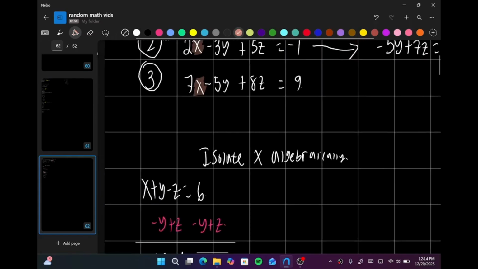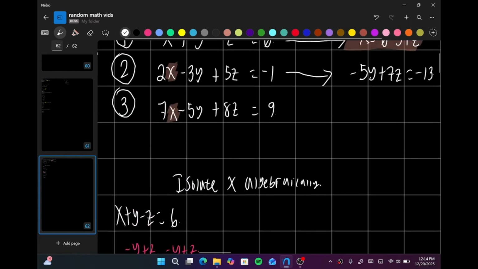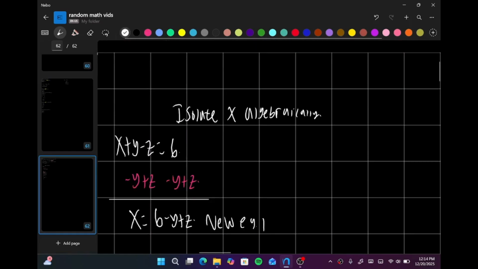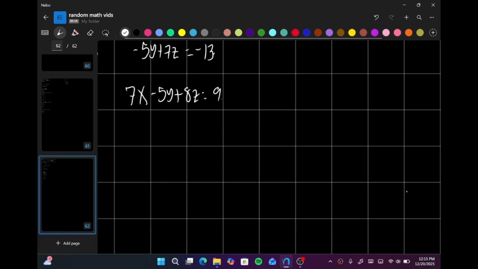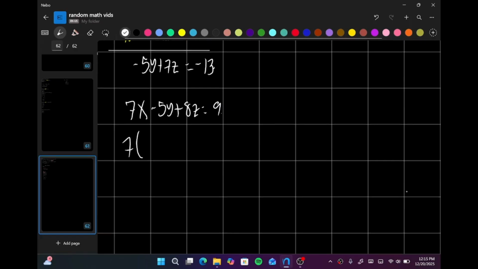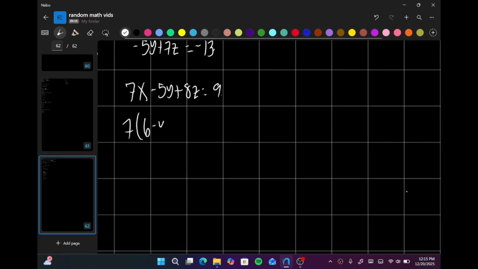Now do the same thing for equation 3. We have 7x minus 5y plus 8z equals 9. Now we just substitute: 7 times the quantity 6 minus y plus z, minus 5y plus 8z equals 9.